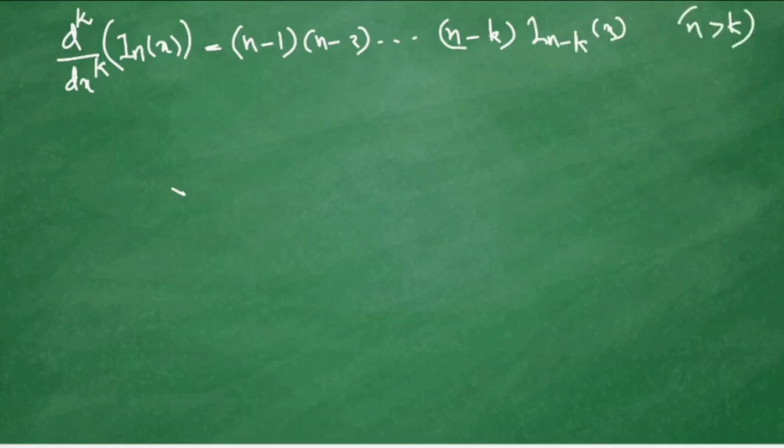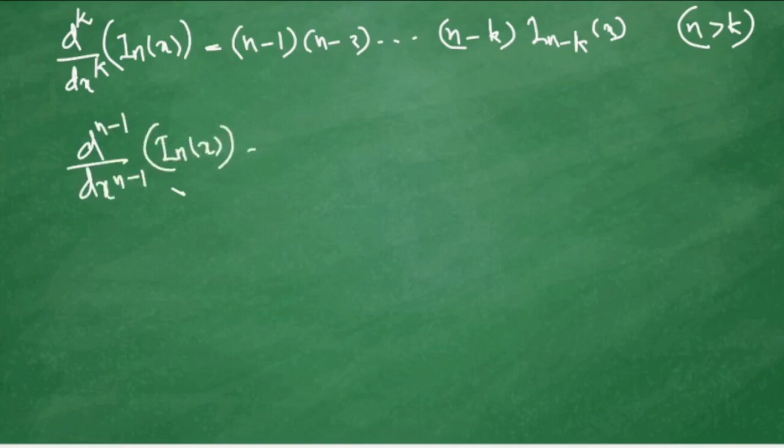So repeating in this manner, we can write the kth derivative, d k by dx raised to k of I n of x, is equal to n minus 1 into n minus 2 into etc. into n minus k into I n minus k of x provided n is greater than k. So in this manner we can write the n minus 1 derivative, d raised to n minus 1 by dx raised to n minus 1 of I n of x.